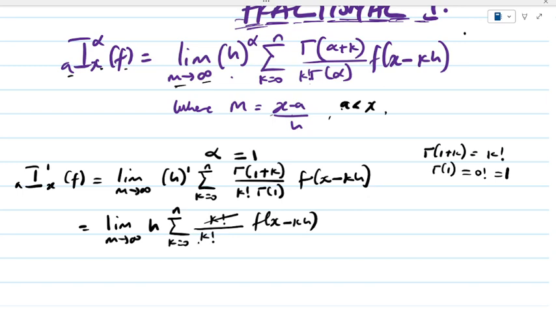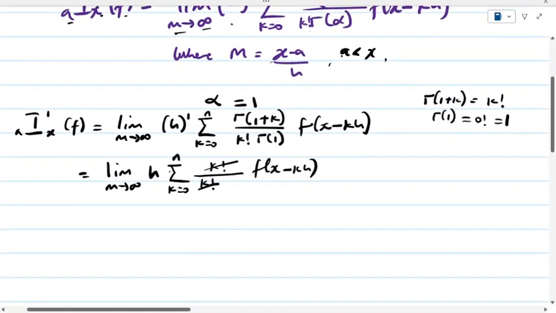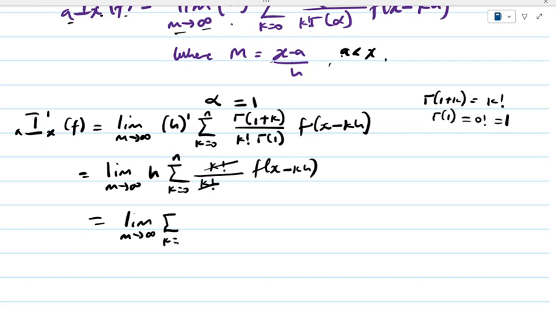So this cancels this, and we'll be left with the limit as m tends to infinity of the summation k equals 0 to n of f of x minus kh times h.